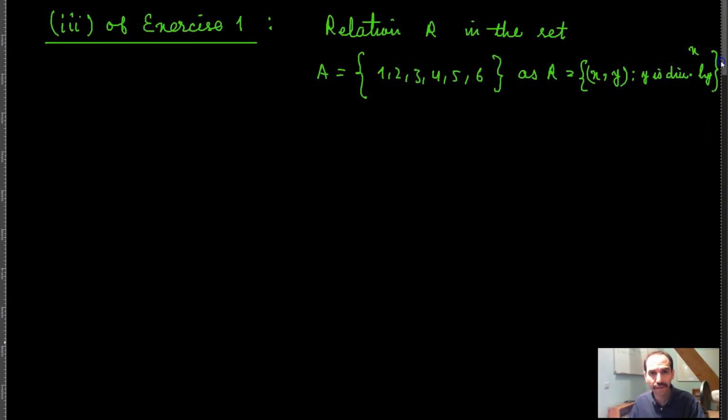And go back here. So now the question that we are asking is that we have some relation R in this set, and the relation is basically the set of all ordered pairs x comma y, such that y is divisible by x.